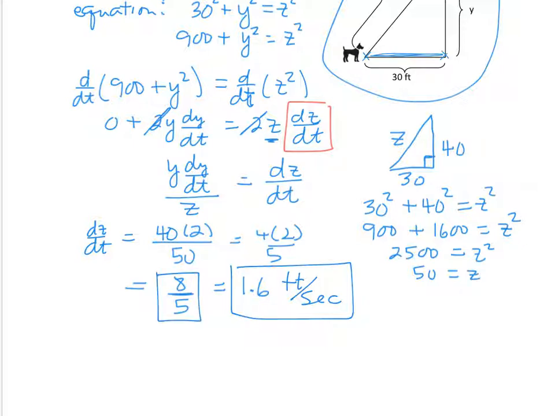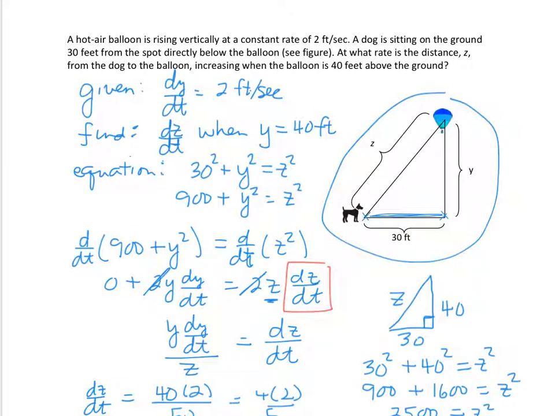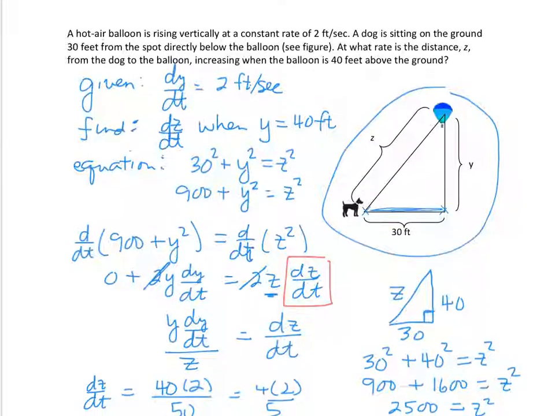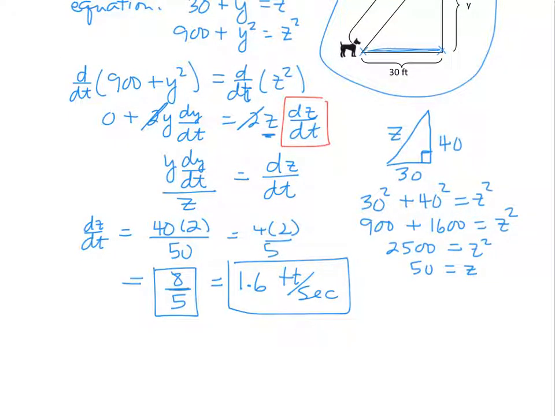Or you could just, like I said, leave it as 8/5. So the question that we're asked to determine, what rate is the distance from the dog to the balloon, z, increasing when the balloon is 40 feet above the ground? What rate is that distance changing? The answer is it's changing at a rate of 1.6 feet per second.